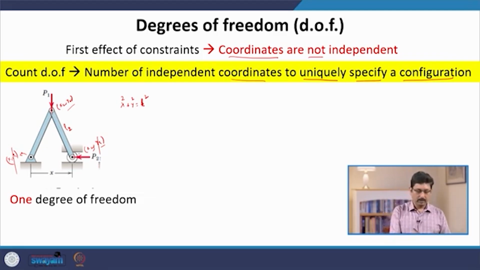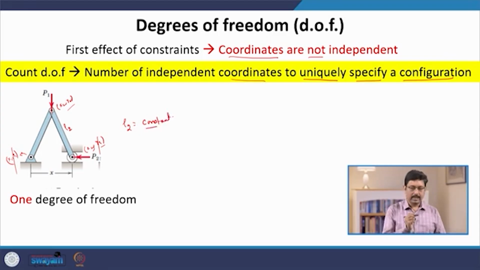So, y3 is a constant, you can drop that, and L2 is a constant. Similarly, there is another constant, let us call that L1, which is the length of the other rod. So, this motion is also determined by the fact that it is connected to this fixed point, through another condition that L1 is equal to a constant.